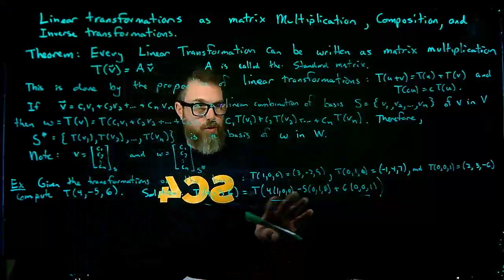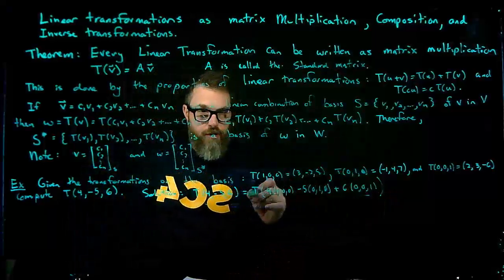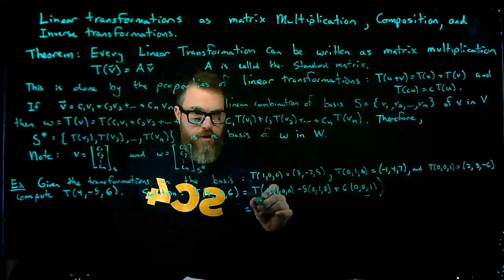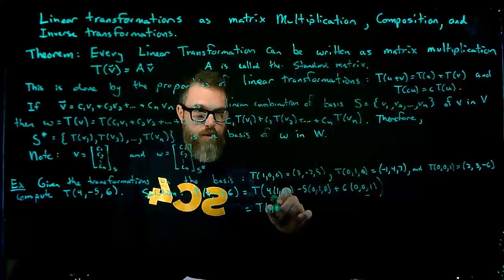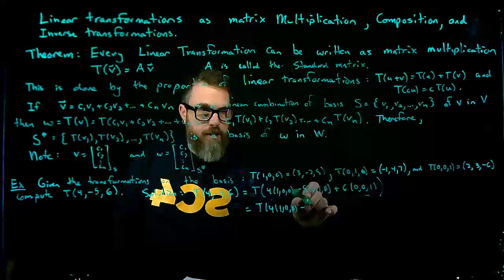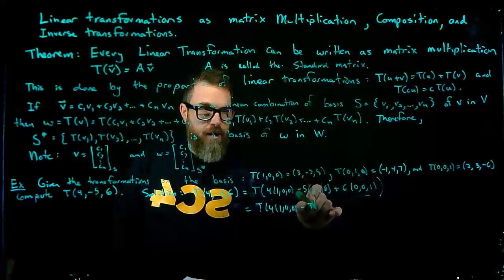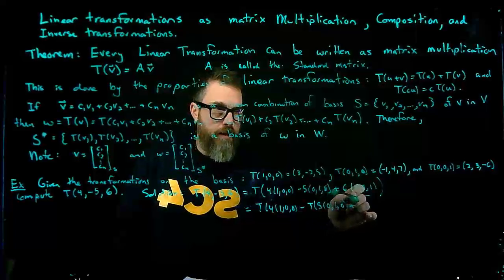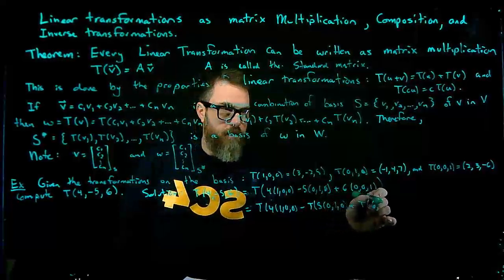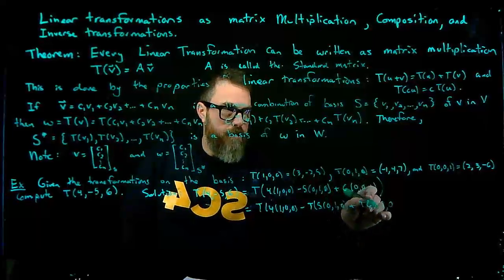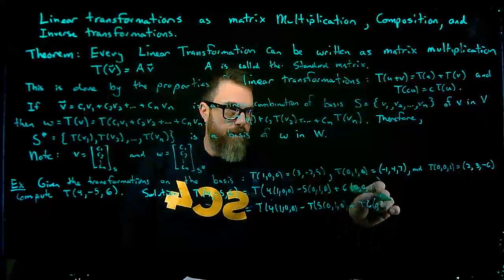The transformation of the sum is the sum of the transformations, so this is going to be equal to T of 4 times 1, 0, 0 minus T of 5 times 0, 1, 0 plus T of 6 times 0, 0, 1.